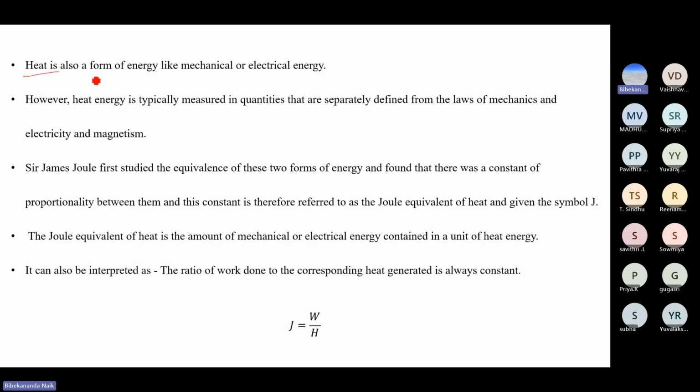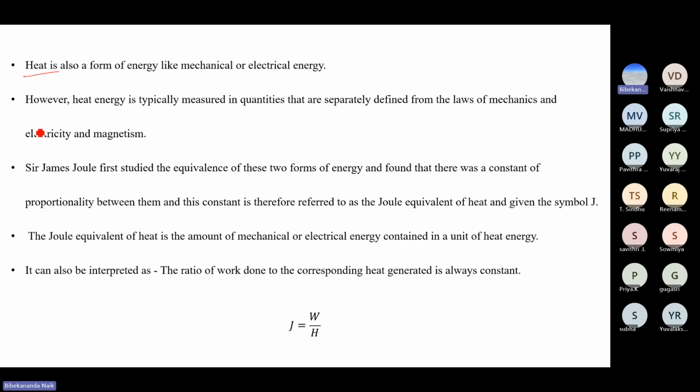However, heat energy is typically measured in quantities that are separately defined from the laws of mechanics or electromagnetism. In the case of the laws of motion, there are different types of laws and mechanical energy, and in the case of electrical energy, there are different types of formulations by which these are governed.